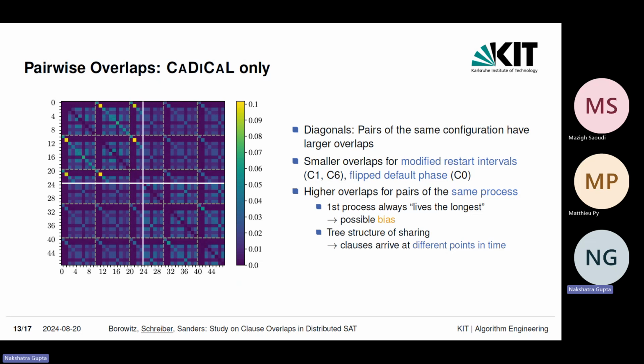The first one is that our first process always lives the longest if we launch all of them, due to the way MALLOB launches our processes in a distributed setting. So we can have a possible data bias, where this process always reports the most clauses. Another explanation is that we share clauses along a tree-like structure of processes, and so our clauses arrive at different points in time. Solver threads within the same process receive the clauses at closer points in time than two solver threads that come from different processes.